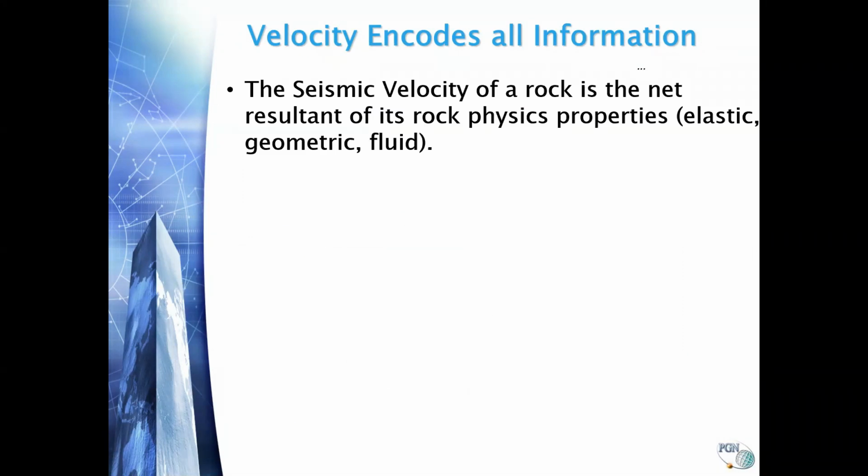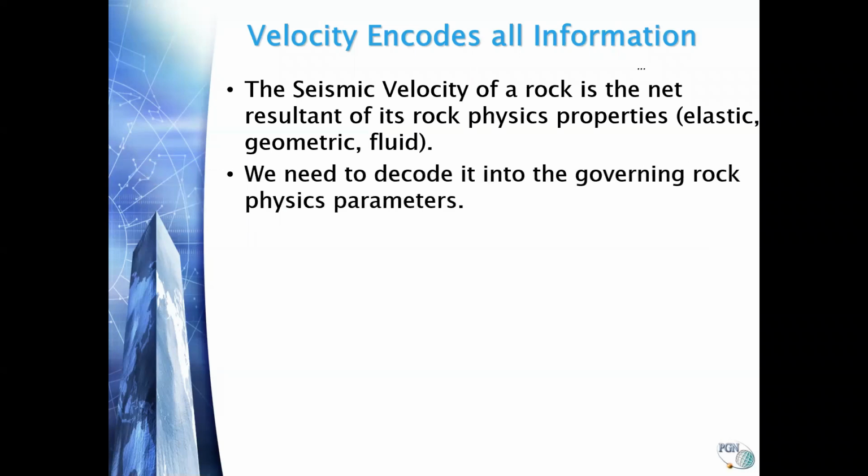So basically what we have seen is that the basic parameter of seismic is velocity. And all the information of the rock, like elastic parameters, geometric and fluid parameters, is encoded within the velocity. So velocity is the net resultant response due to which we are getting the seismic impedance.